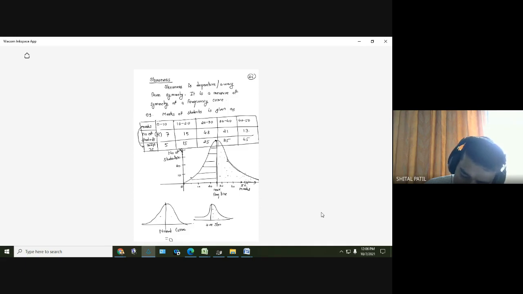And then this is known as negatively skewed. Slow increase, fast decrease. Okay, negatively skewed. Getting everyone? Okay. And to check whether it is positively skewed, negatively skewed, or not skewed, not skewed means normal curve. Okay, so this is not skewed.